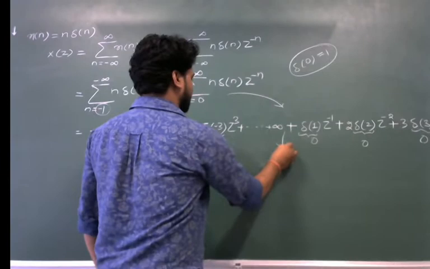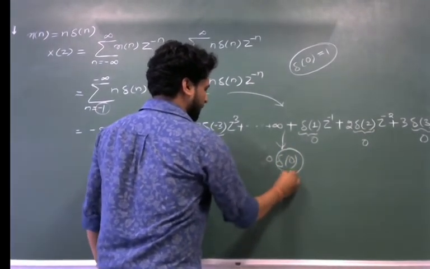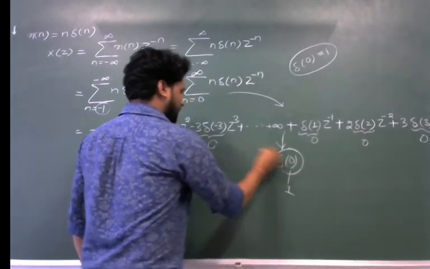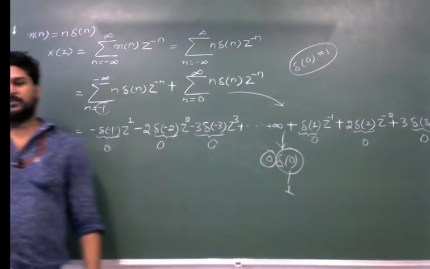Only one term is there, which is 0 into delta 0. Here the value of delta 0 is 1, but because it is multiplied by n and the value of n here is 0, it will become 0 also.